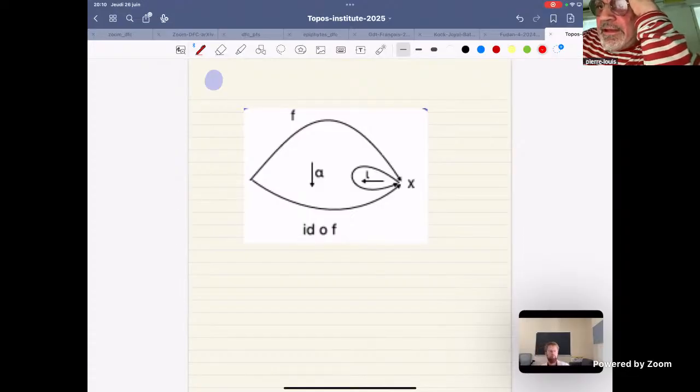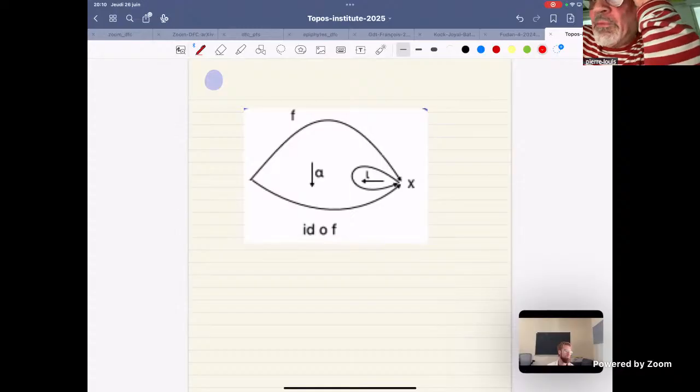And you see that the identity here, so you have to read this picture again as saying, well, I want to compose, well, it features the fact that F can be composed with the identity, and the way to represent the identity is with a 2-cell that has no input, no source and only one target, the thing called I or iota, the small round thing at the right of the picture, okay?